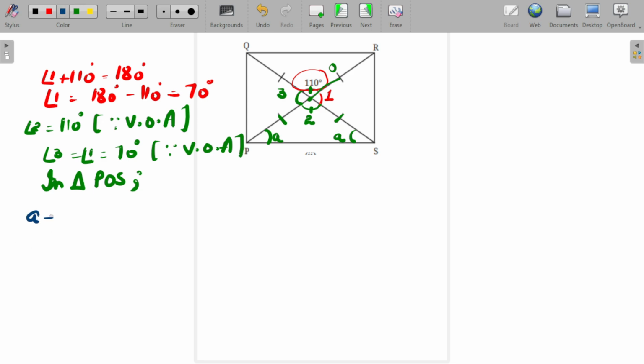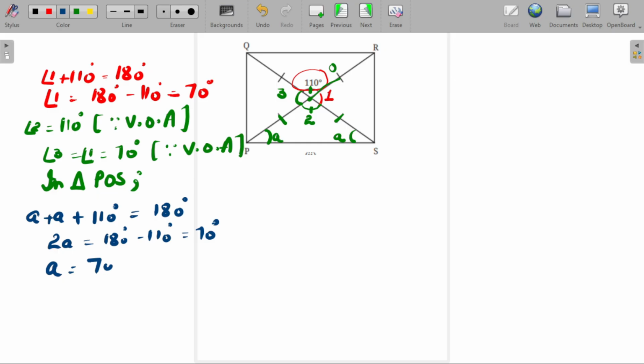Angle A plus angle A plus angle 2, angle 2 is 110 degrees, is equal to 180 degrees. So 2A is equal to 180 degrees minus 110, which is 70 degrees. So angle A will be 70 upon 2, that is 35 degrees.